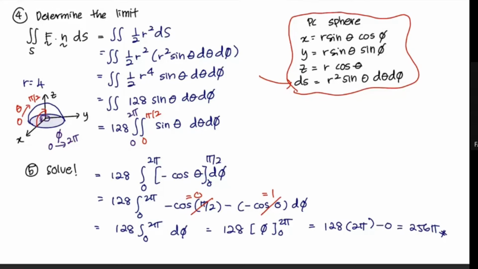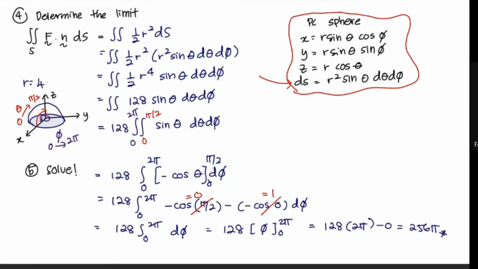So, how to determine the limit? First, this one is the limit for theta, and this one is the limit for phi. For this example, remember theta is between the line of the radius and the z-axis.